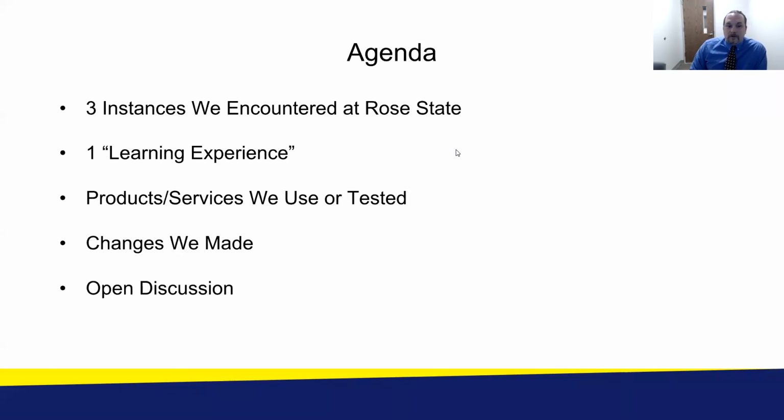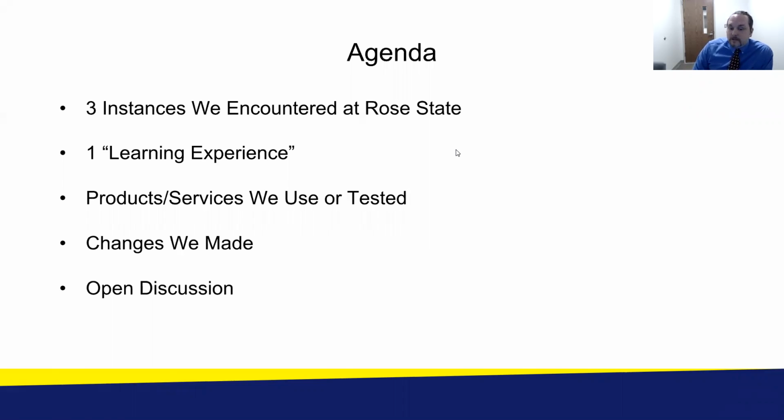And I'm going to talk about a recent learning experience, and I use learning experience in quotations because this was almost an error on our part. And so I want to talk about an issue that we found that we had never expected, that we almost accused a student of academic dishonesty before we had a better picture of what was actually going on.